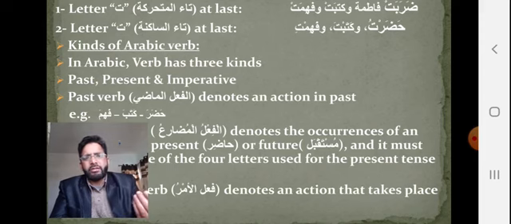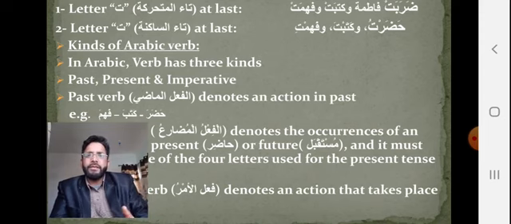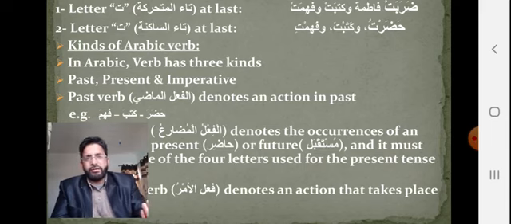And for future, we have some other rules to make a present tense particular or specific for future. We add seen or sawfa on it. We prefix seen or sawfa on it. Suppose when I say yadribu, yadribu is a present tense, fi'l mudari. He is beating. When I use this for present, I say yadribu.